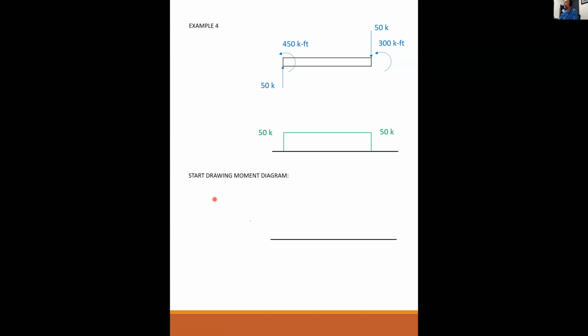But is that 450 positive or negative? It is counterclockwise, so it is negative. So we go down 450. Why do we go down? Because this is negative. It's counterclockwise.